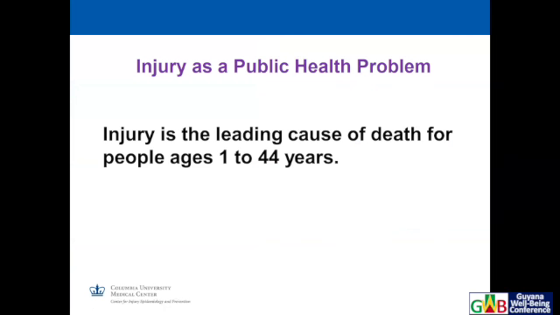In terms of the magnitude of injury as a public health problem, this is the simple message I would like you to take away. In general, injury is the #1 cause of death for children age 1 and up to young adults up to 44 years.